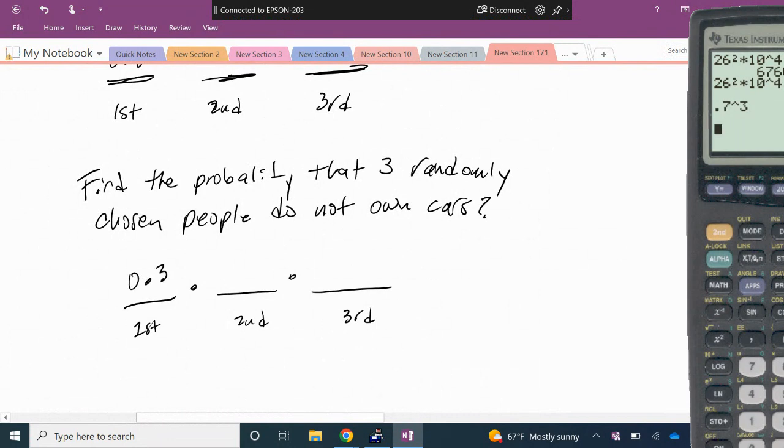Should be 30%, right? What's the probability that the second person does not own a car? It still has to be 30% because each probability is equal among every randomly chosen person because the probability is not going to change.